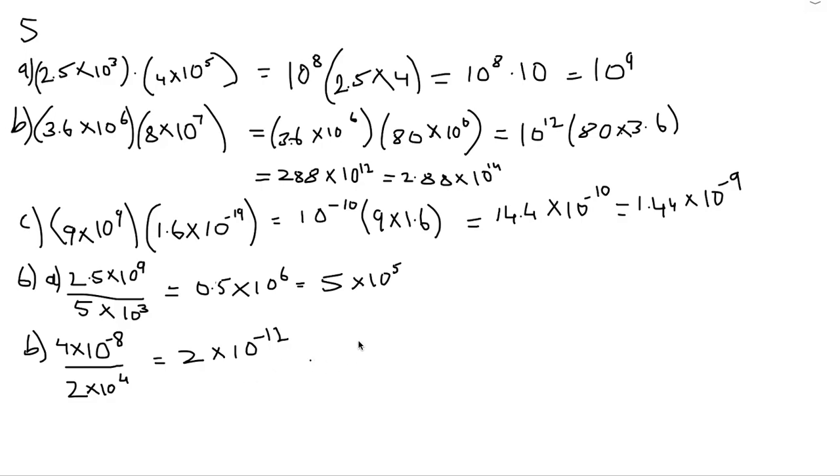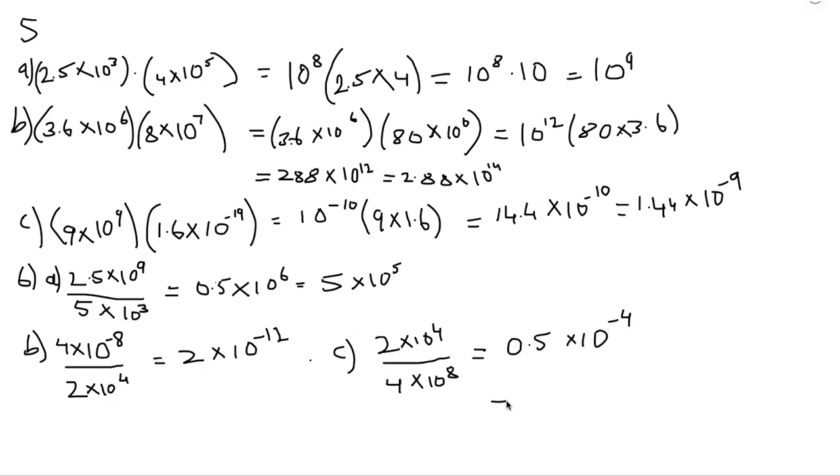The next question is 2 times 10 to the power 4 divided by 4 times 10 to the power 8 equals 0.5, 2 by 4 is 0.5, times 10 to the power negative 4.